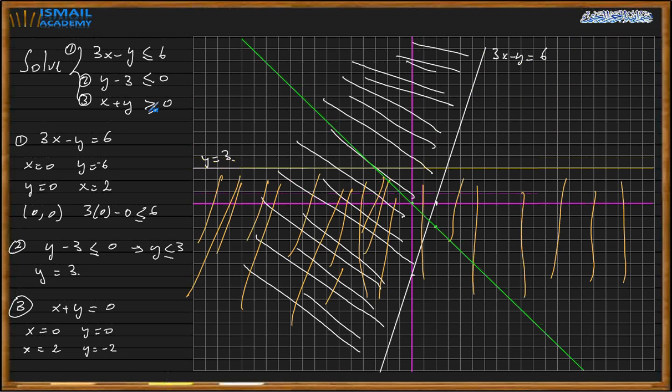Because 0, 0 is on the line, I need to pick a point outside of the line. So let me pick, for example, x equal 4, which is greater than 0.